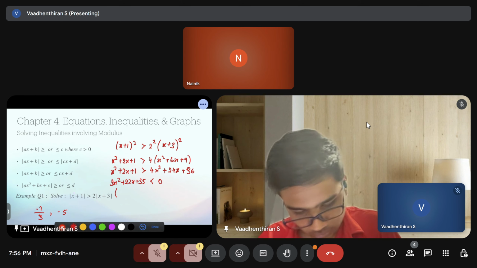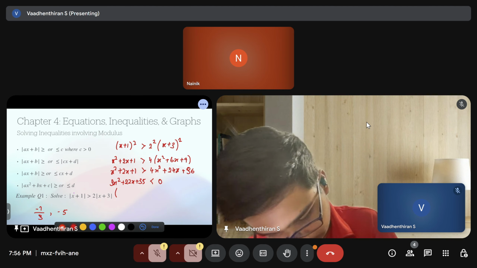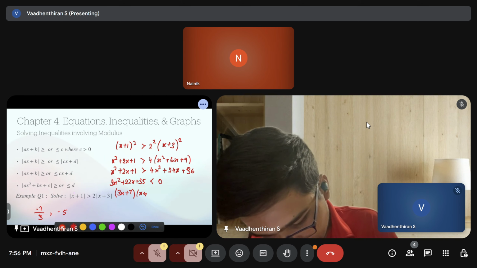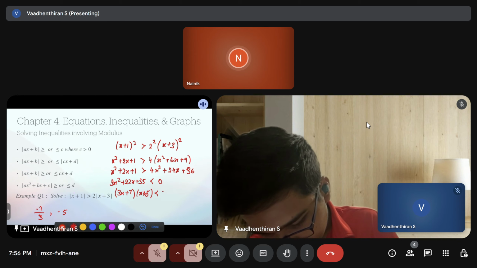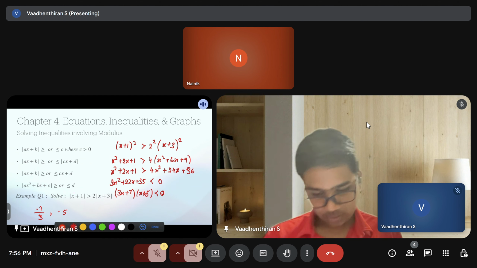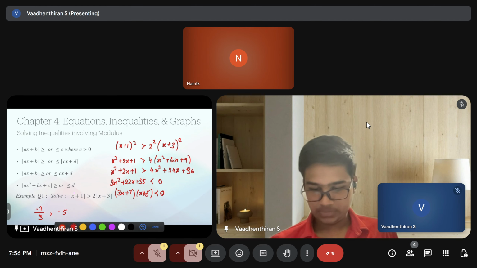Okay, let me write it in factorized form: 3x plus 7 and then x plus 5. But manually, is it possible to do this without a calculator? Yes, you can split the middle term.